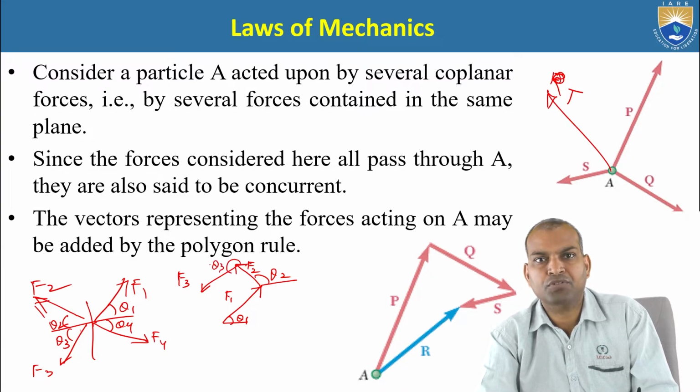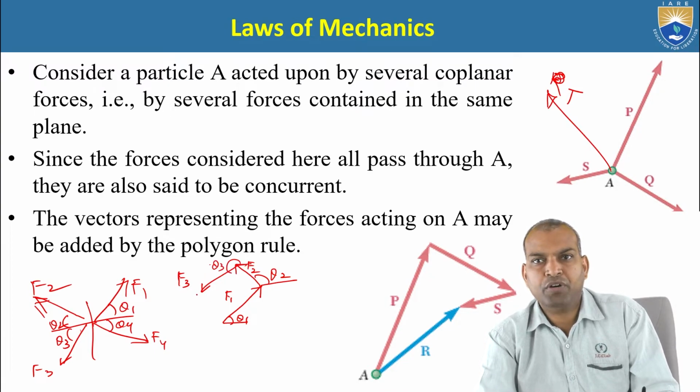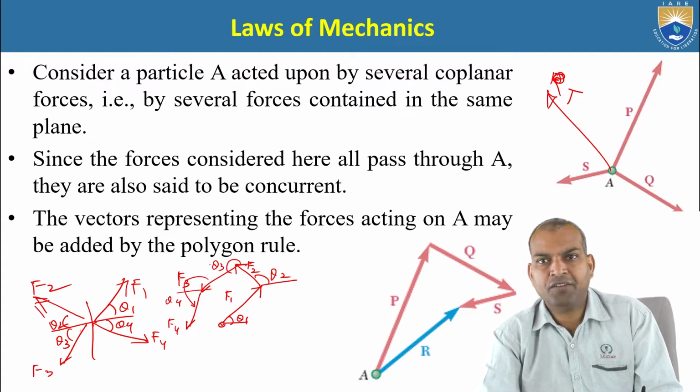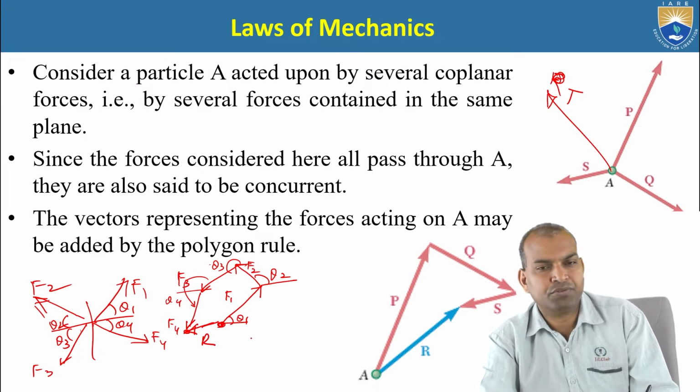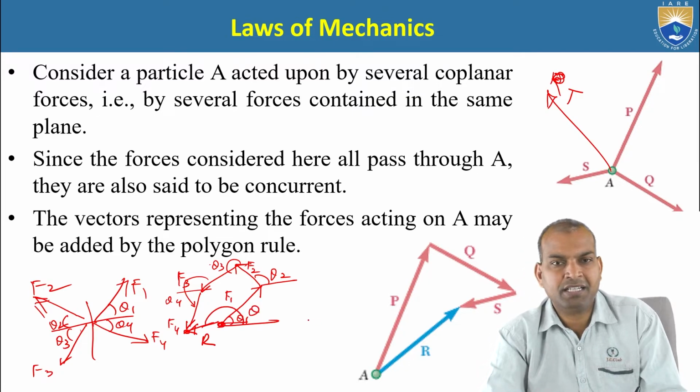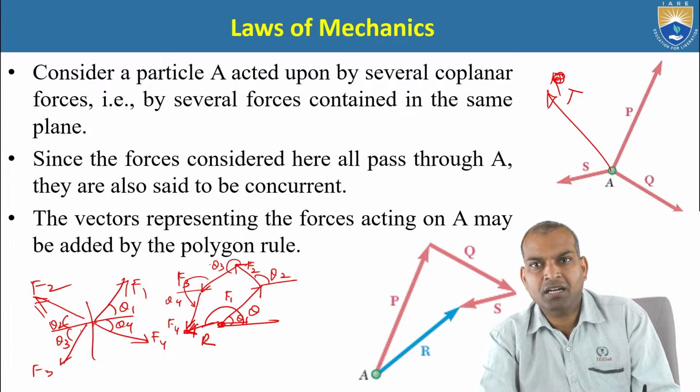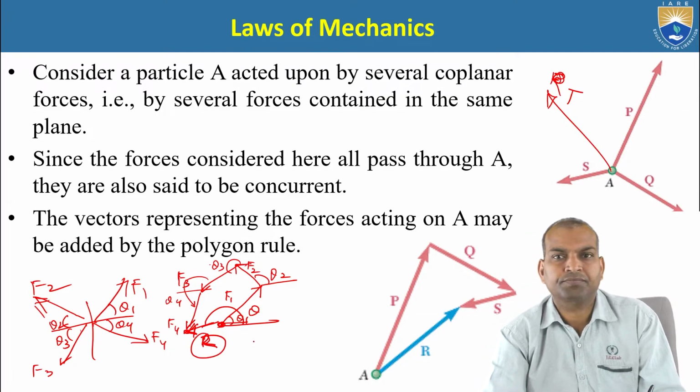And go for the next theta 4, and the force is F4. The joining of the starting point to the ending point represents the resultant force, with the resultant angle. This is R, the resultant force.